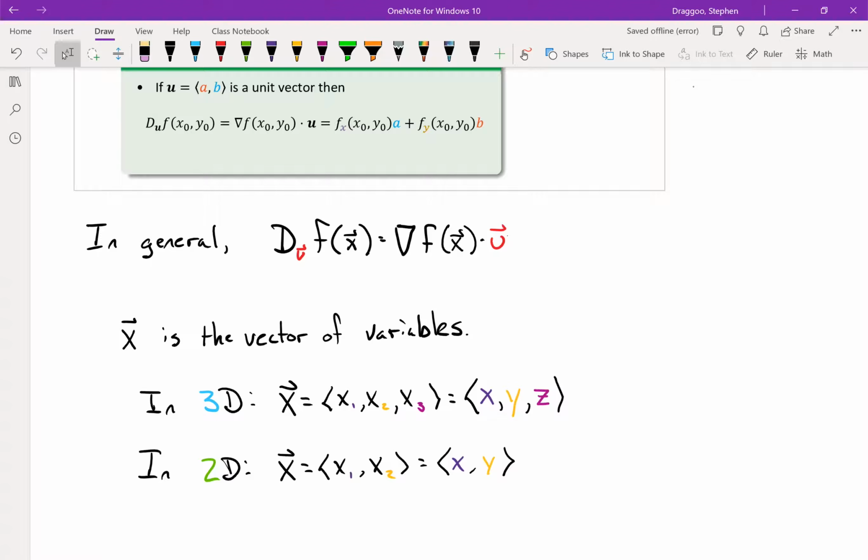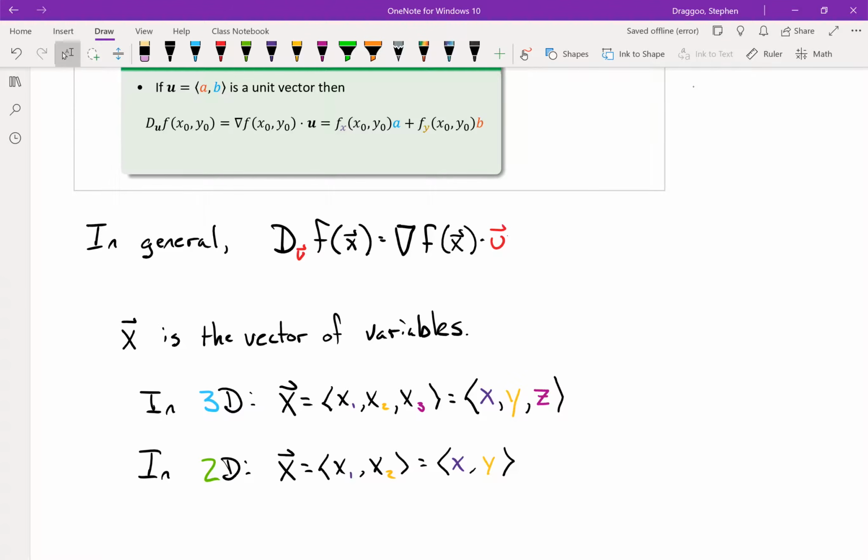So it's just a handy way of writing it out, so we don't have to write the vector x, y, z. We can just call it vector x, and it just means all the variables. So in 3 space, that's x, y, z, or if we need to be more general, x1, x2, x3. And in 2 space, of course, that would be just x, y, or x1, x2.